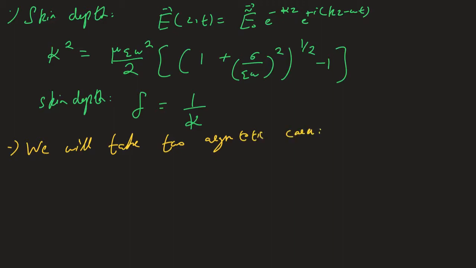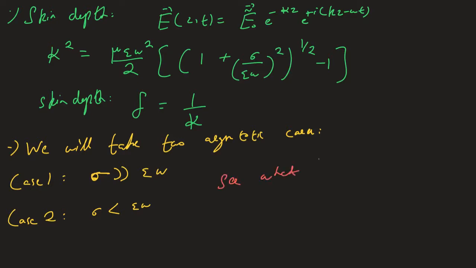Case 1 is when sigma, which is the conductivity, is much greater than epsilon omega, and case 2 is where sigma is much less than epsilon omega, and we'll see what happens to the skin depth in either case.